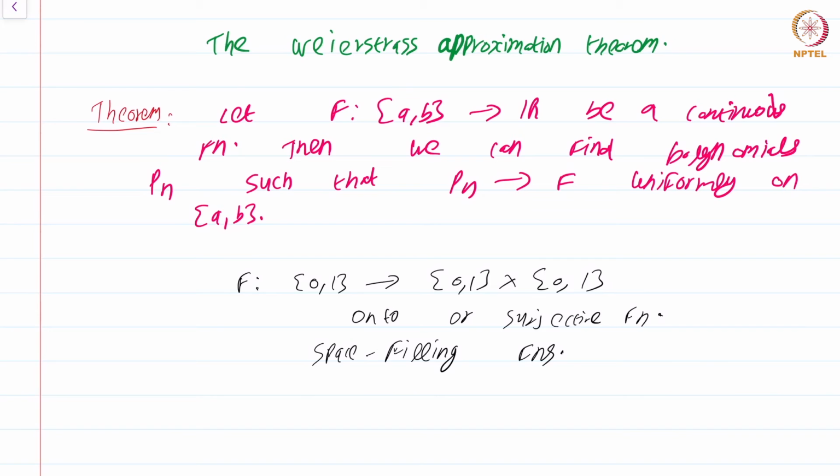To expect that you can approximate any bizarre continuous function by polynomials, it is itself astounding. So you can understand why this theorem is so powerful and so useful. We can deal with extremely bizarre and complicated objects by using extremely simple polynomials.